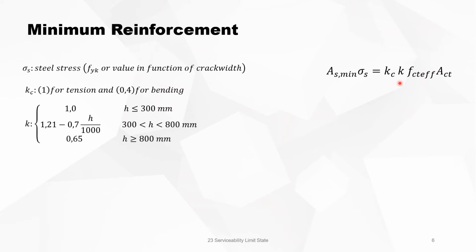The scale factor K is the scale factor corresponding to the depth of the beam. And FCTEFF we can take as effective tensile stress, the mean tensile stress of the concrete, which is given by the formulas given here.